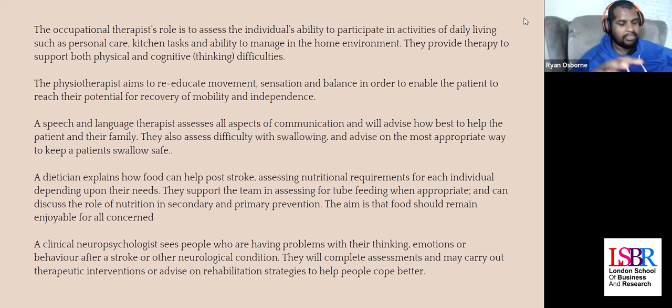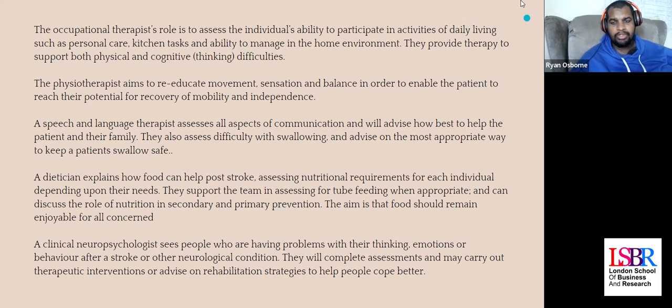This is all the things that the dietitian needs to know, so she can set a proper plan in place. Now, the next thing is that the dietitian will then support the team, the OT, in assessing for tube feeding where appropriate.